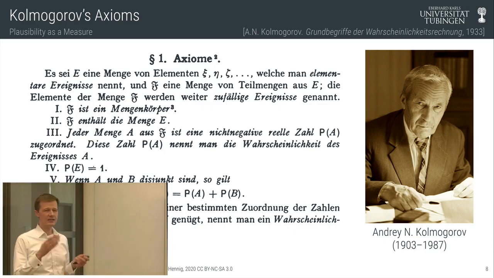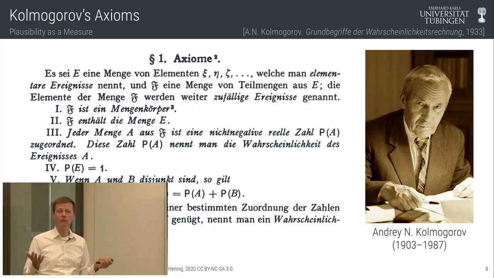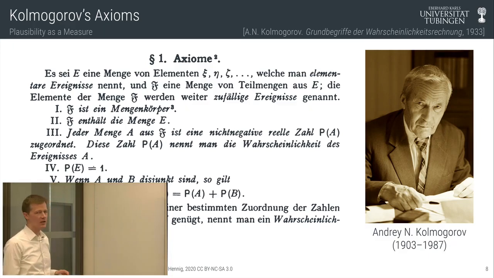So let's start with the wheel, our roulette wheel. That's the set of elementary events. Kolmogorov says we need this object, which we will call E. E is a set of elements, psi and eta and theta and so on, which we will call elementary events. That's the roulette wheel. Now we need the roulette board.